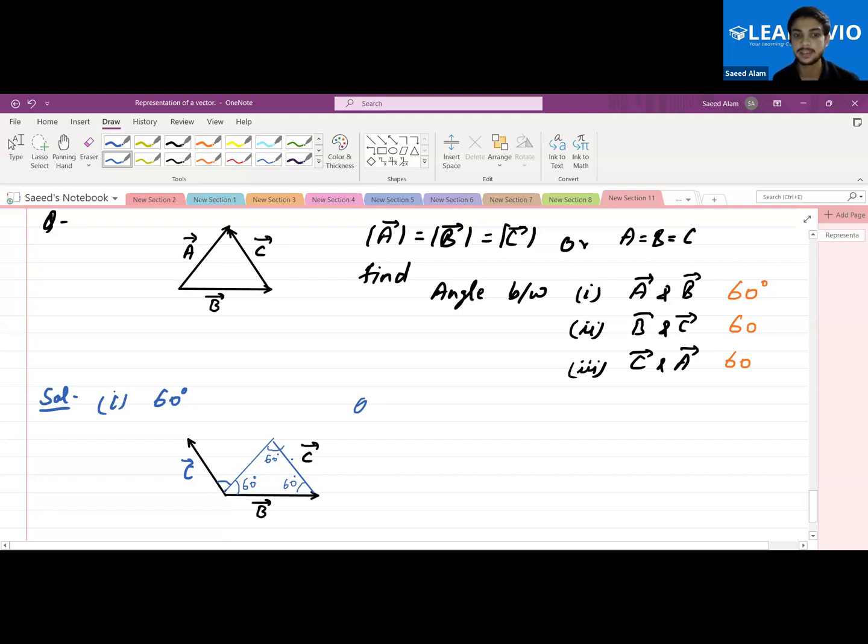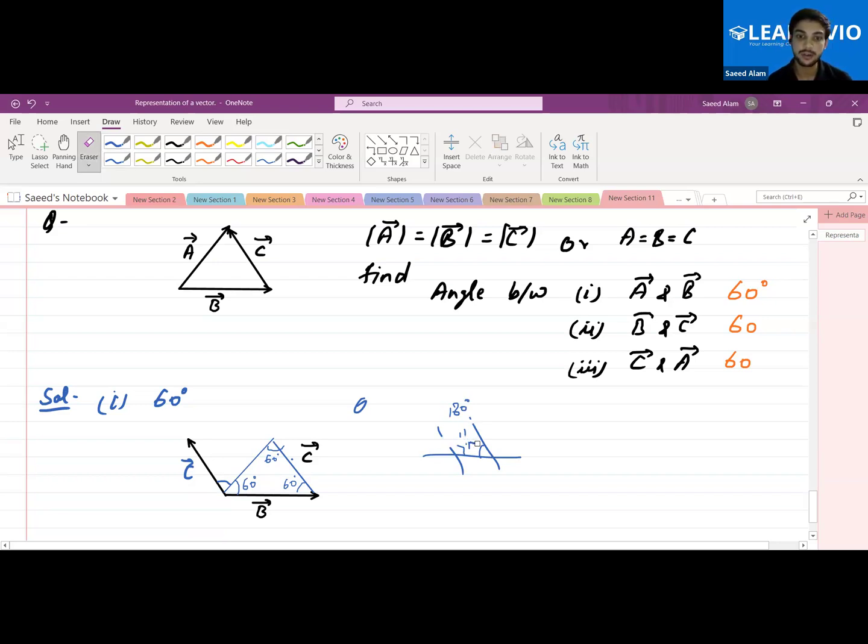The sum of these two angles is always equal to 180 degrees. Yes or no? Because if we have two parallel lines and a transversal, these two angles always sum to 180 degrees. This is called the interior angles on the same side of the transversal, co-interior angles.